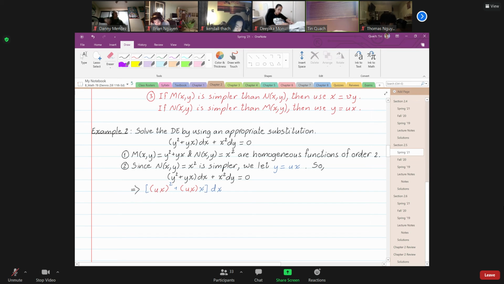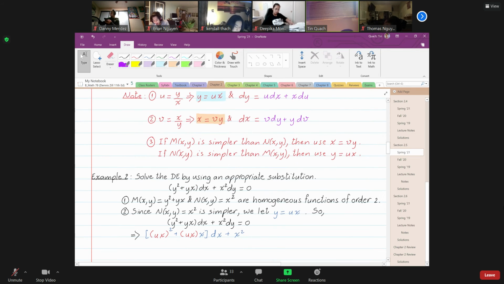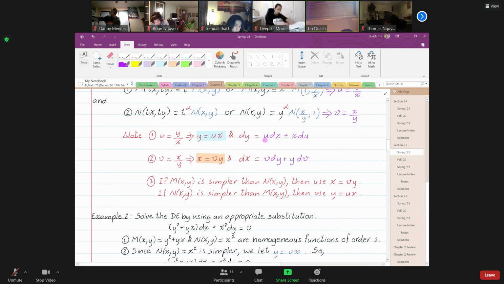When you make this substitution, that means you don't want to see y anymore. So no more y. Now you turn the equation into an equation containing x and u only. That's what you are doing. So plus, and then x squared times dy. What is dy? dy is u dx plus x du, from up here, right? dy is u dx plus x du.